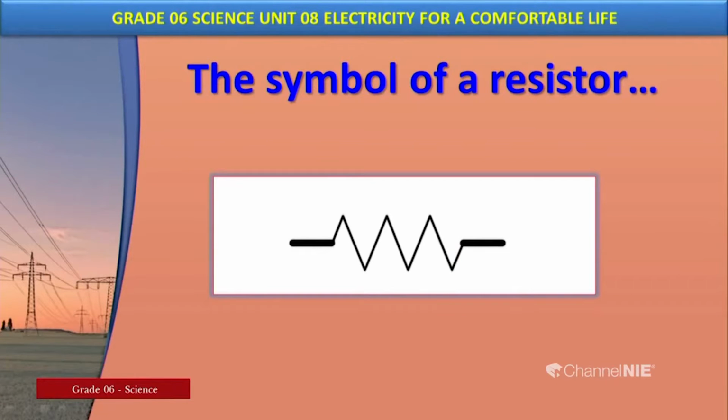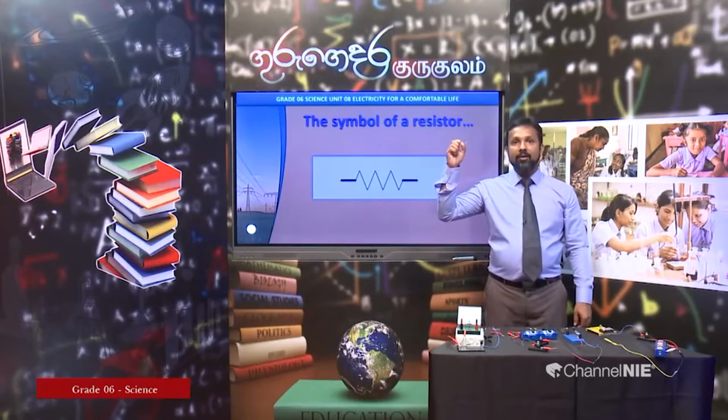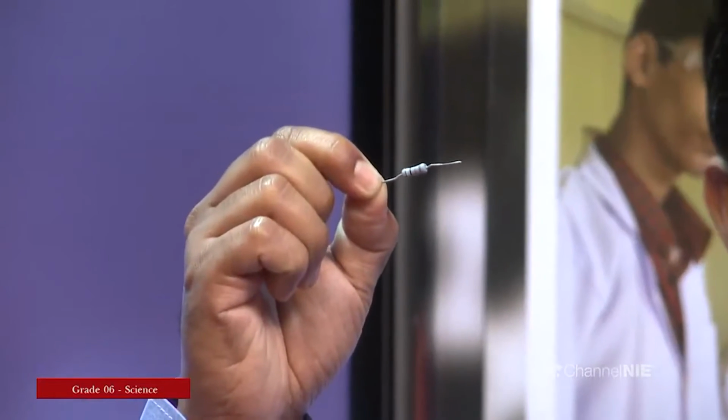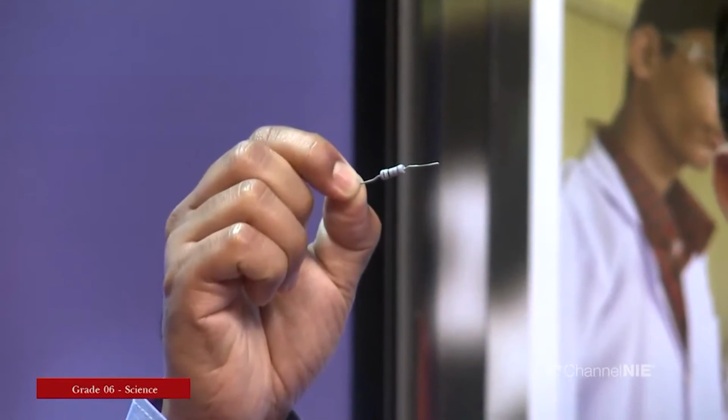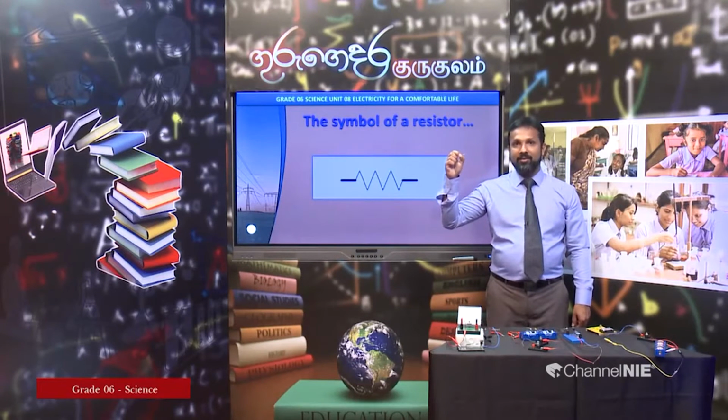As I showed you earlier, this is a real resistor. You can remember in the previous lesson we learned about symbols. Symbols are very important to prepare circuit diagrams.